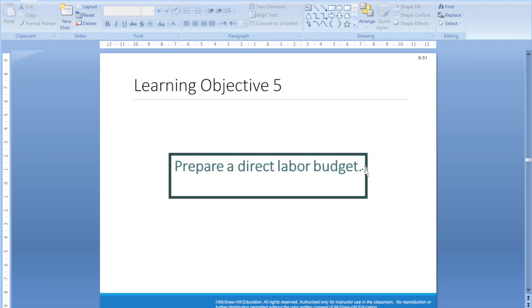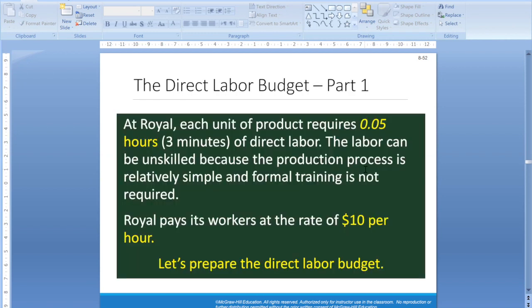If I'm talking about labor, it means what is the cost to be paid for our workers? So the question for this budget is, what is the cost to be paid as labor, wages, and benefits for the workers?